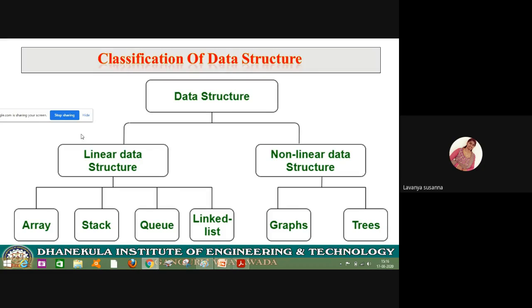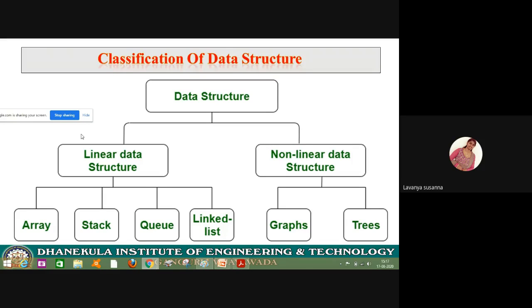The elements will be arranged in some sequential order. That means elements will occupy continuous memory locations. Again, I am repeating. Linear data structure means arranging the elements in sequential order, so elements or data will occupy continuous memory locations.